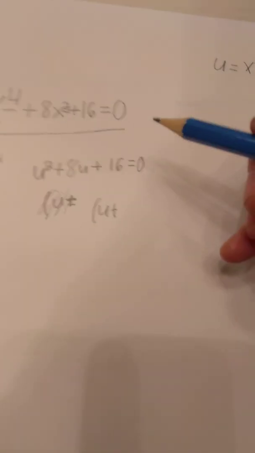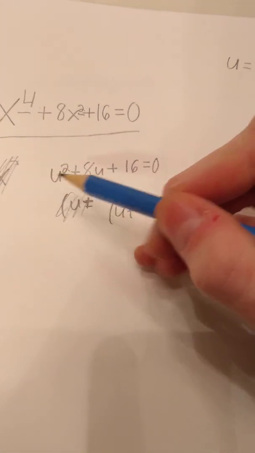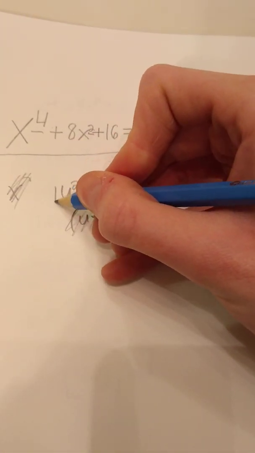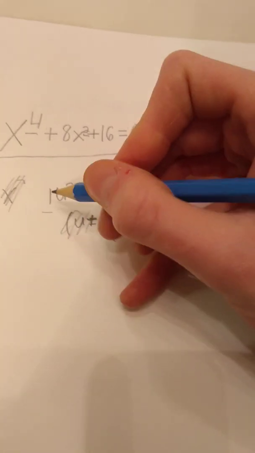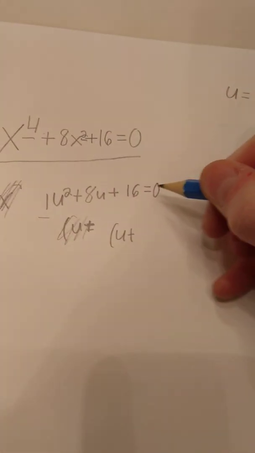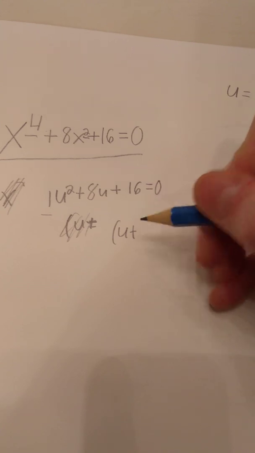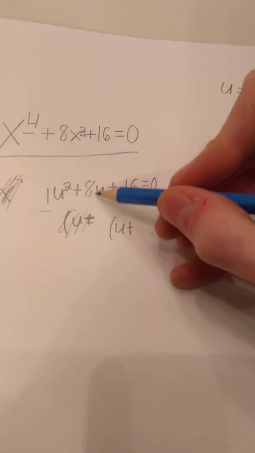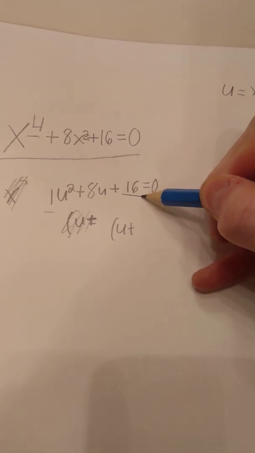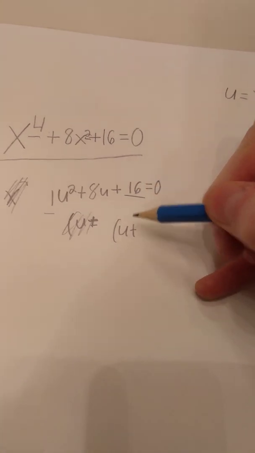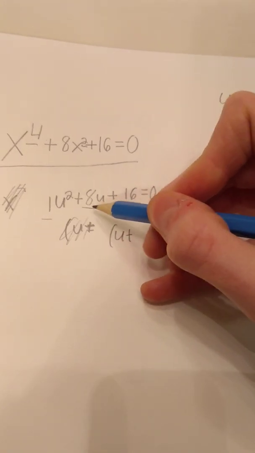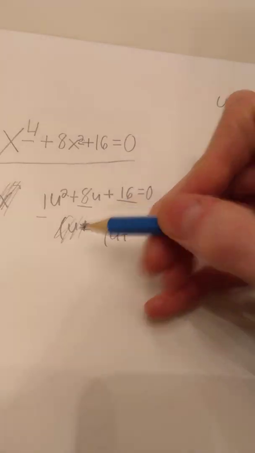in order to solve this, we have to take what number this is on this side right here, and multiply it times this number, which equals 16 because it's a 1, and figure out what factors of 16, if they were added together, would equal this number right here. In this case, it's 8.